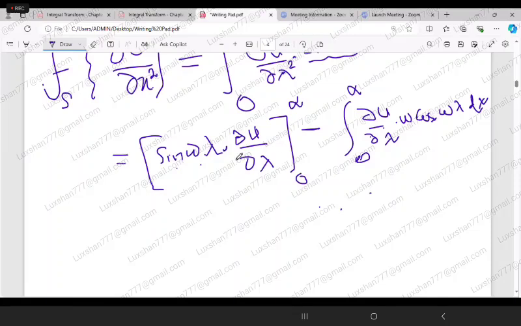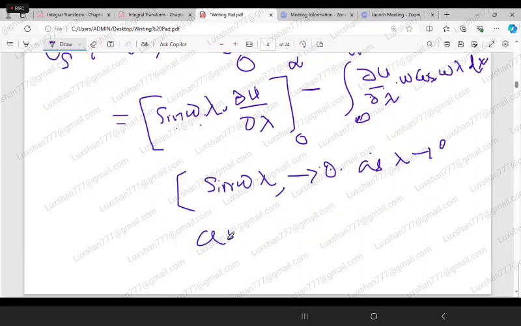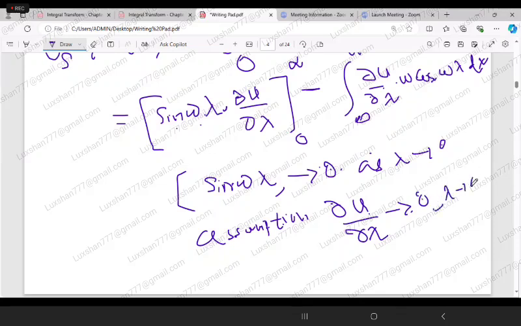As we assumed, this part tends to 0, because sin(ωλ) tends to 0 as λ tends to 0, and the assumption is that ∂u/∂λ tends to 0 as λ tends to 0.